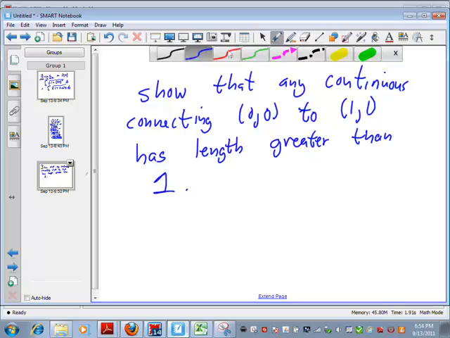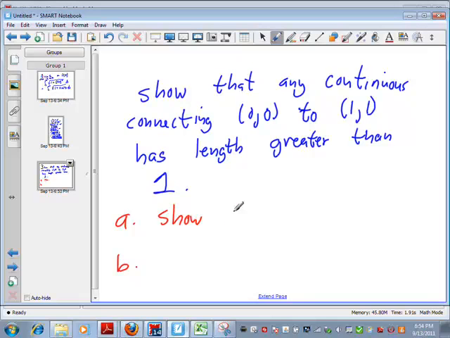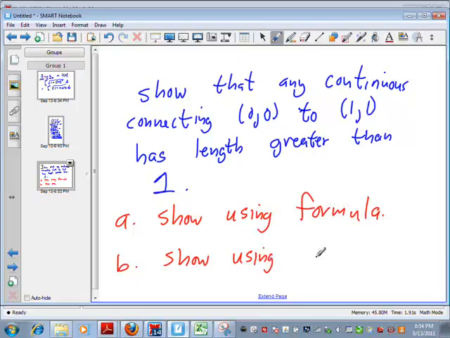I'll give some extra credit for two things. Show it using the arc length formula, and then show it using some very basic geometry. So any curve that I have connecting 0,0 to 1,1 has to be longer than 1.